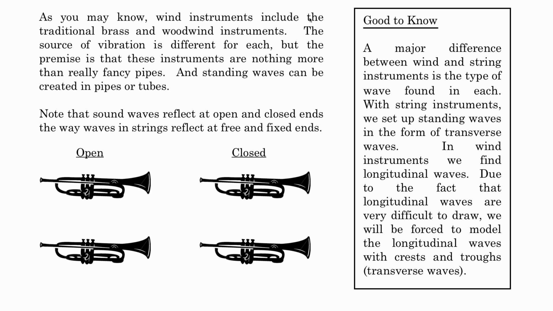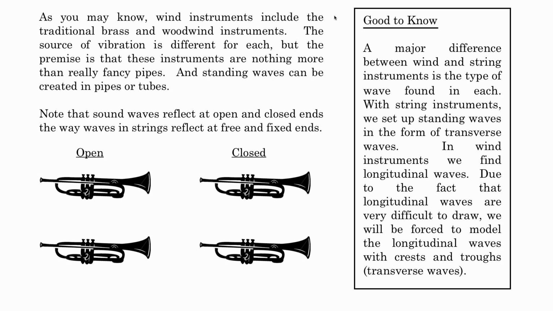Anyways, as you may know, wind instruments, which are traditional brass instruments and of course woodwind instruments, the source of vibration is of course different. The brass instruments use lips and the woodwind instruments use a reed. But the premise is that these instruments are nothing more than really fancy pipes.